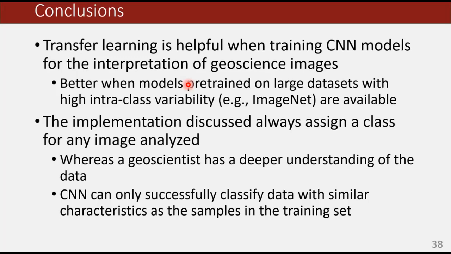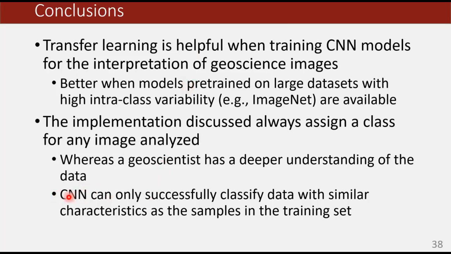And as I showed you for the core classification test, the implementation discussed here is always going to assign an output for whatever image you analyze. In contrast, a geoscientist has a deeper understanding of what's going on and can make more informed decisions.